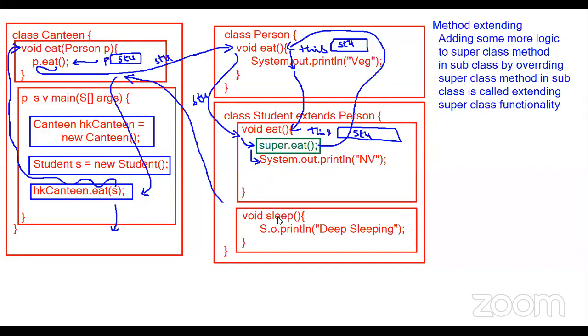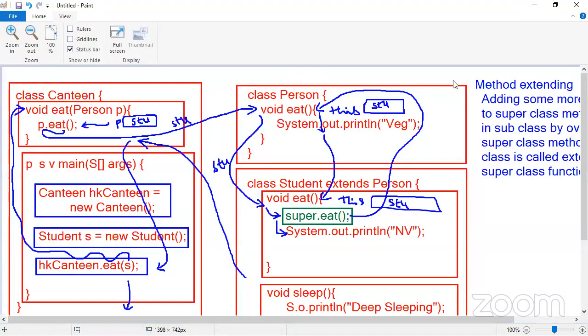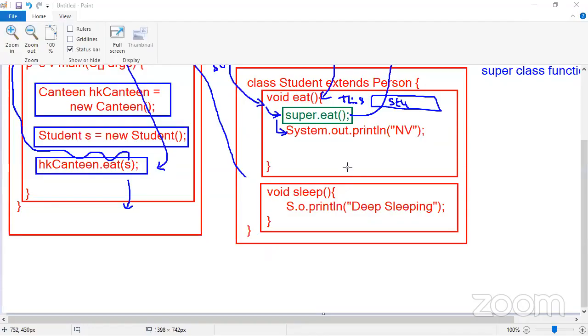It should not call. If a subclass contains some specific method, subclass has created its own specific method, then who will call and execute that method? The same subclass programmer only.